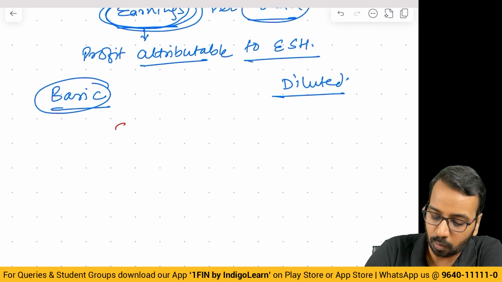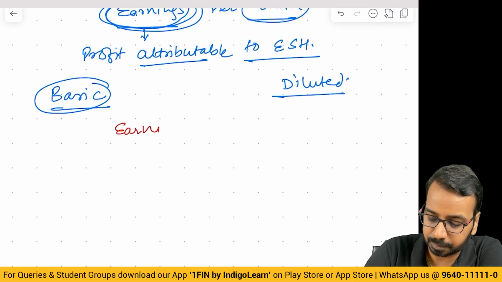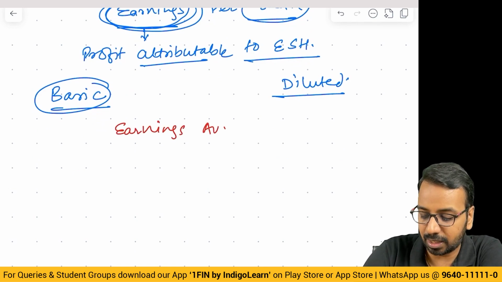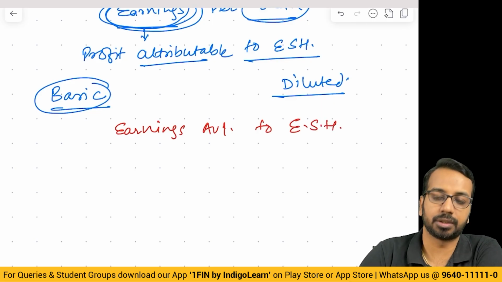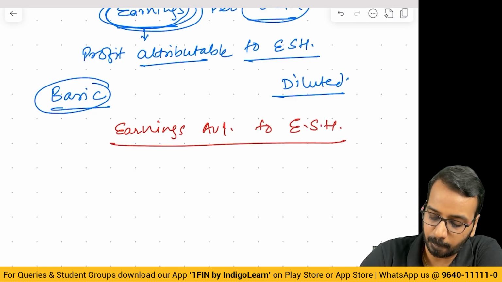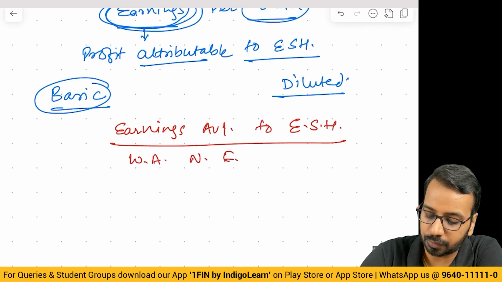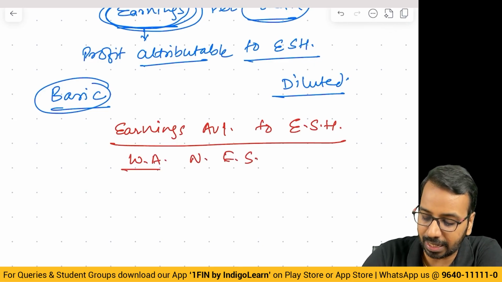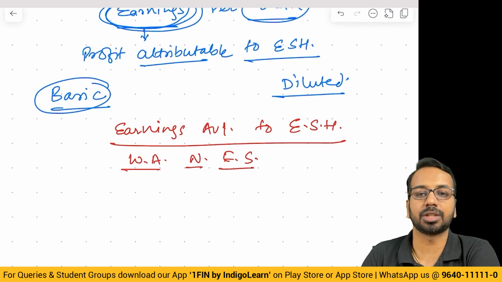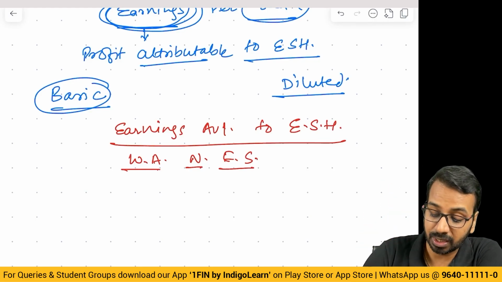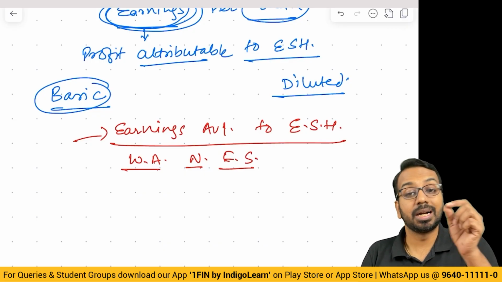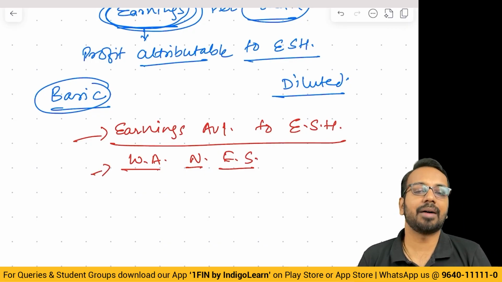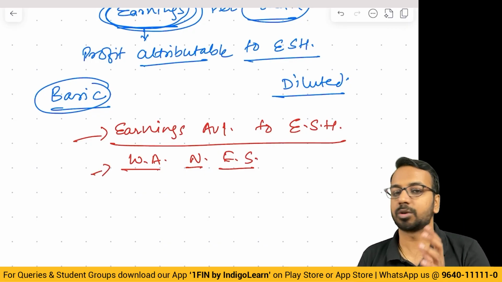It says what is the earnings available to equity shareholders divided by weighted average number of equity shares. So we need to know two things. Numerator is earnings available to equity shareholders. Denominator is weighted average number of equity shares outstanding.